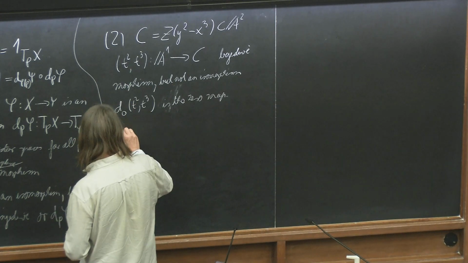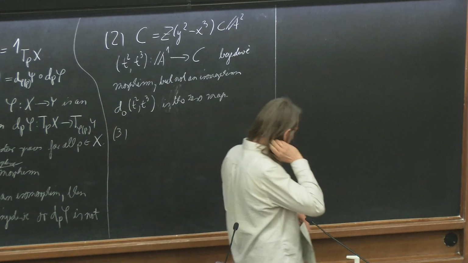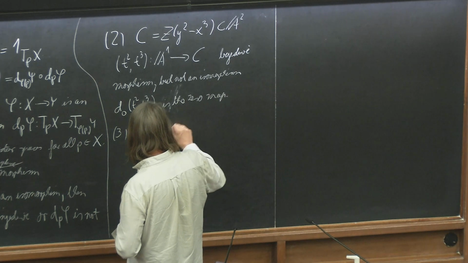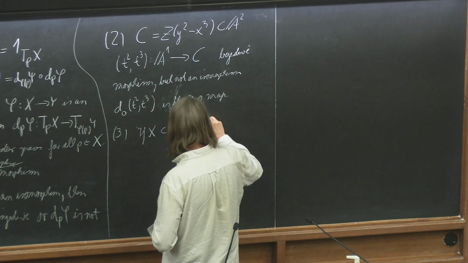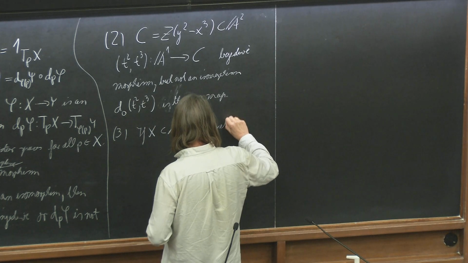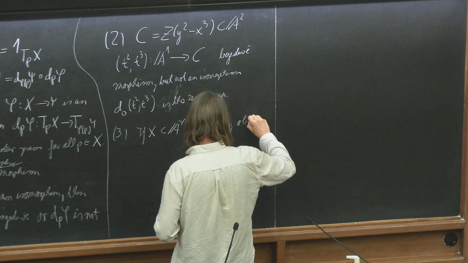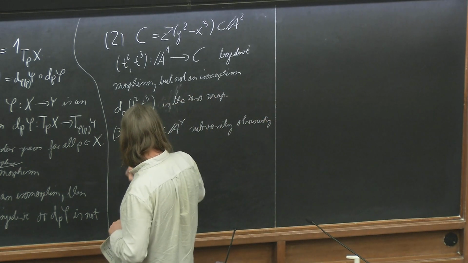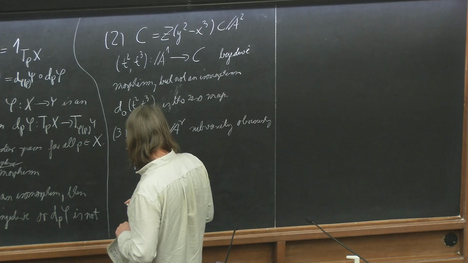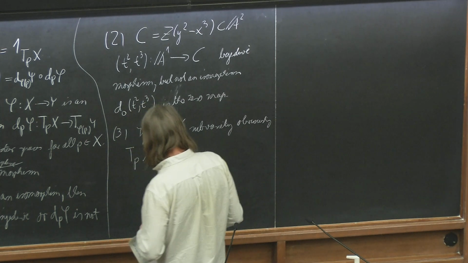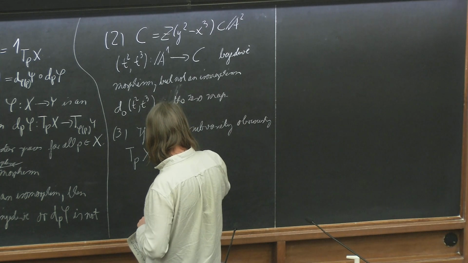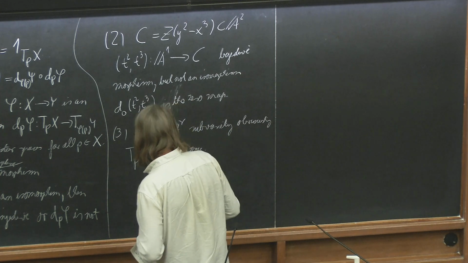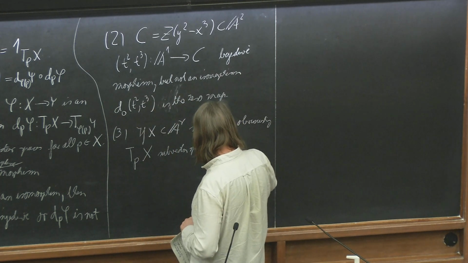Also, say if X in A^r is a subvariety, then obviously, just by definition, the tangent space at the point P, where P is a point in X, is a subvector space of K to the r.